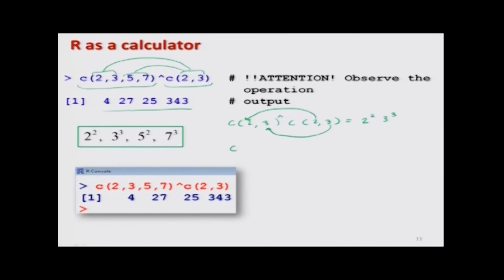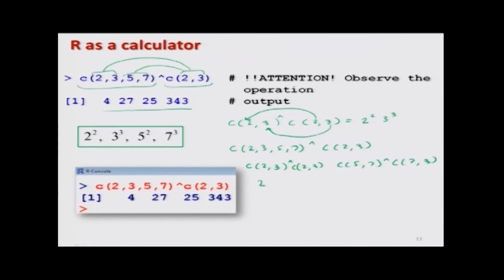And when I write down here c(2, 3, 5, 7) with c(2, 3), this is happening: c(2, 3) hat c(2, 3) and c(5, 7) hat c(2, 3).